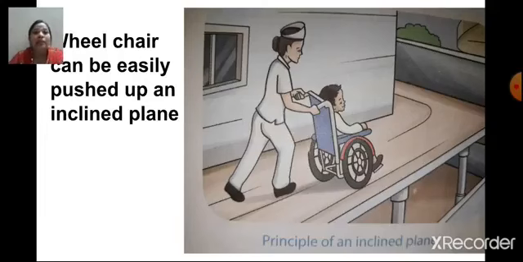This is again the picture of a nurse carrying a patient. Now see, like this, if you have to carry the patient to another level, it will be difficult. By using an inclined plane, the patients can be easily carried to the other floor, right?